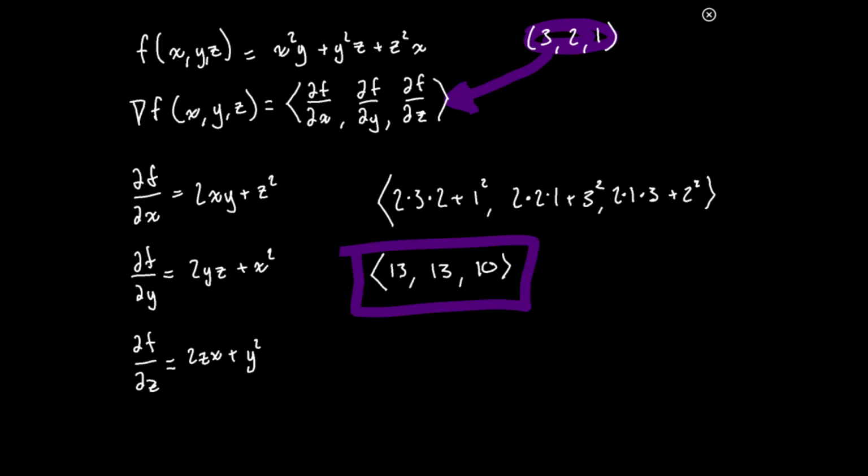All right, let's do one more function of 3 variables, and then we'll call it. Let's do f of x, y, z equals ln, the natural log of x squared plus y squared plus z squared. And we're not going to bother evaluating at any point.